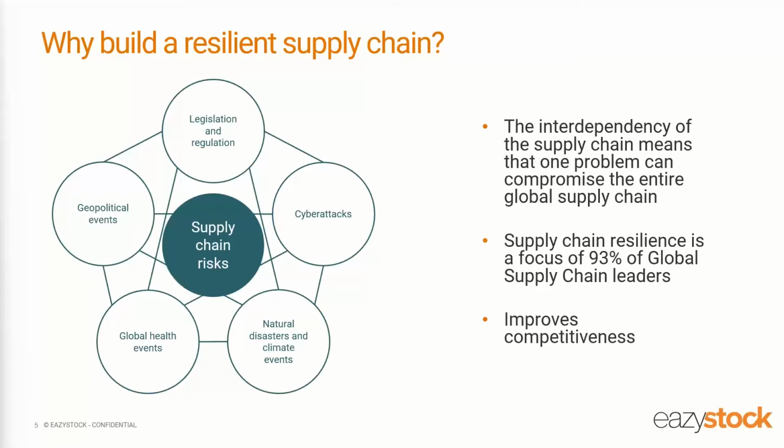And truthfully, while COVID was probably this once in a lifetime generation pandemic that affected us so greatly, supply chain disruption of this magnitude really isn't anything new. The supply chain's been affected by multiple other things over the course of time, right? So we think about geopolitical events, right? We've had Brexit in Europe.